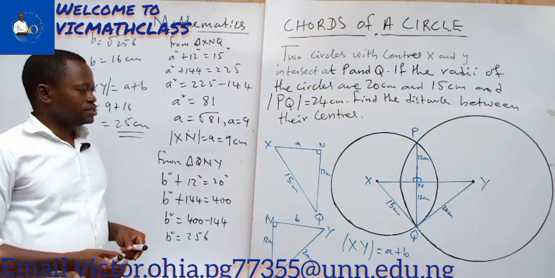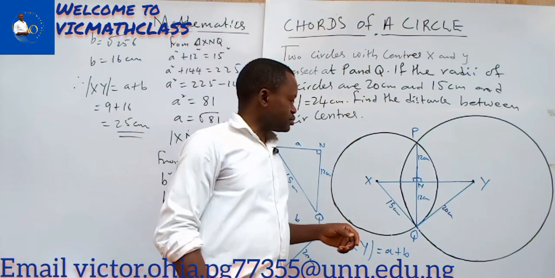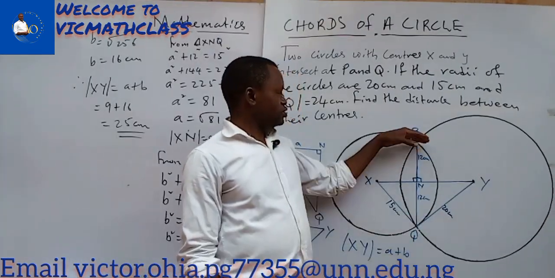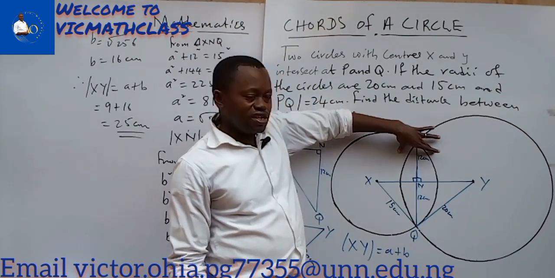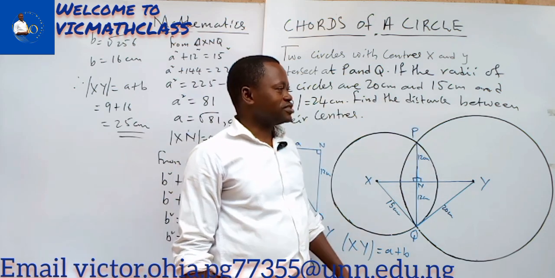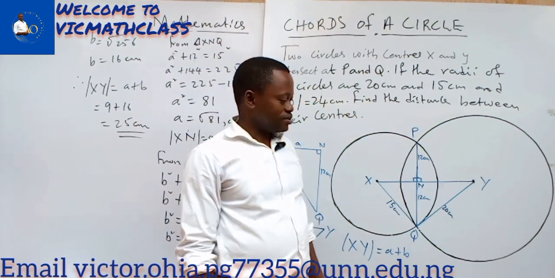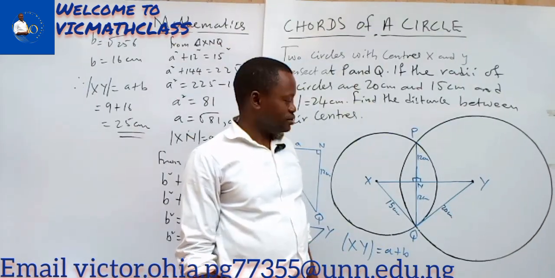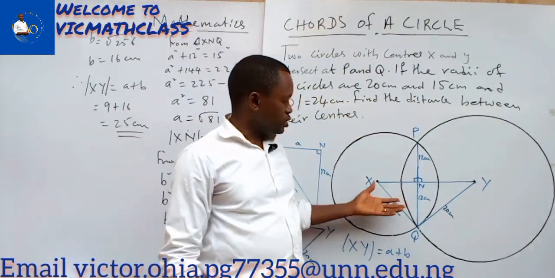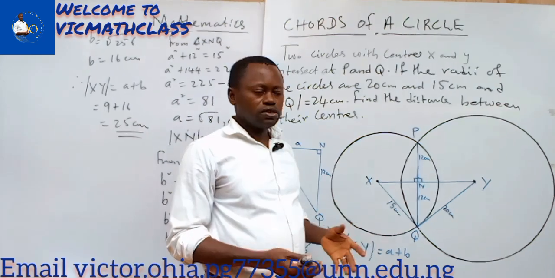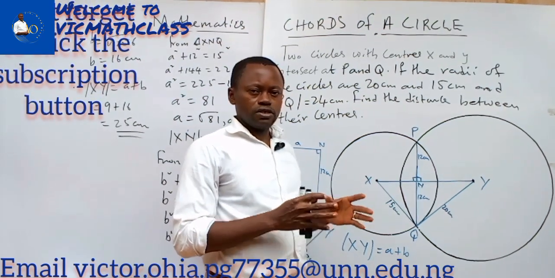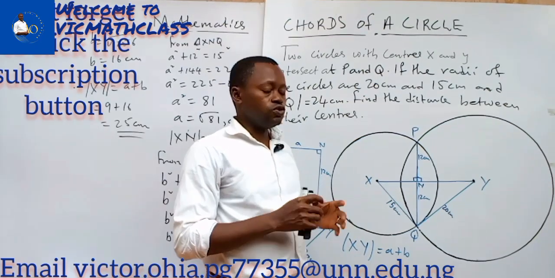When I did this example in class, my student asked, this diagram you positioned down, can you position it up and use up here? And I said, yes, you can do that. It shows that you're thinking. If you are not thinking in mathematics, I wonder what you are doing. You have to think and reason so that you can come up with a way out of the mathematical problem you are facing.